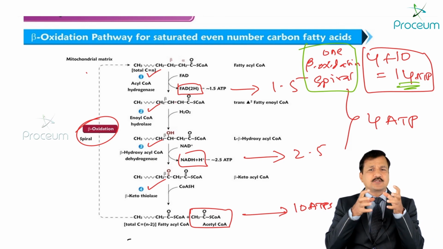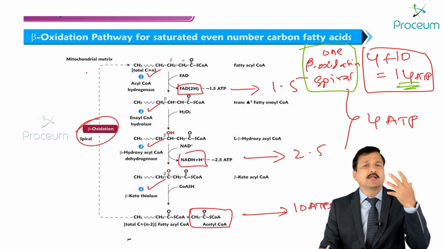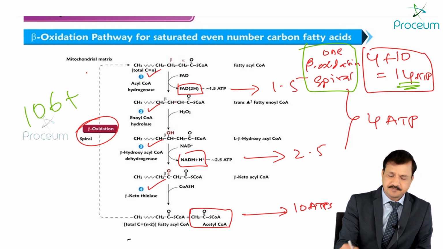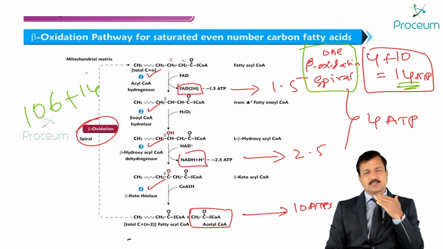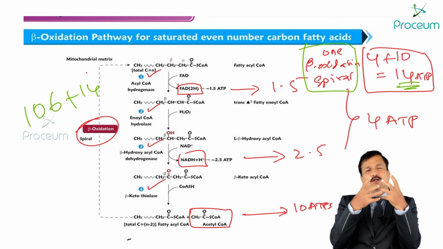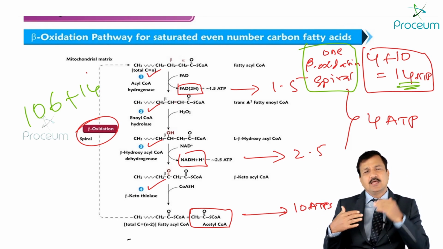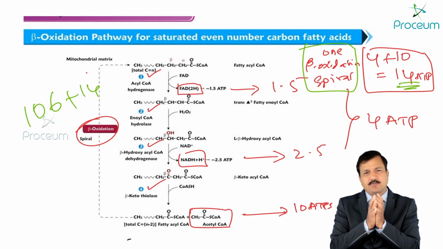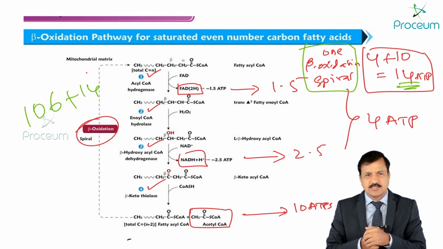If you know the number for 16 carbon, which is 106, all you need to do to get the net number for 18 carbon is add 14. For a 16 carbon fatty acid, 7 spirals go on to give 8 acetyl-CoA, because 16 divided by 2 is 8 acetyl-CoA, and 8 minus 1 is 7 spirals. So for 7 spirals of beta oxidation, a 16 carbon palmitic acid will give 106 ATP.